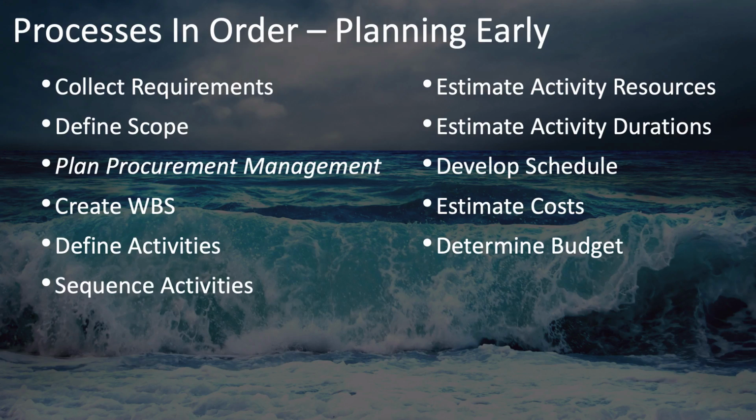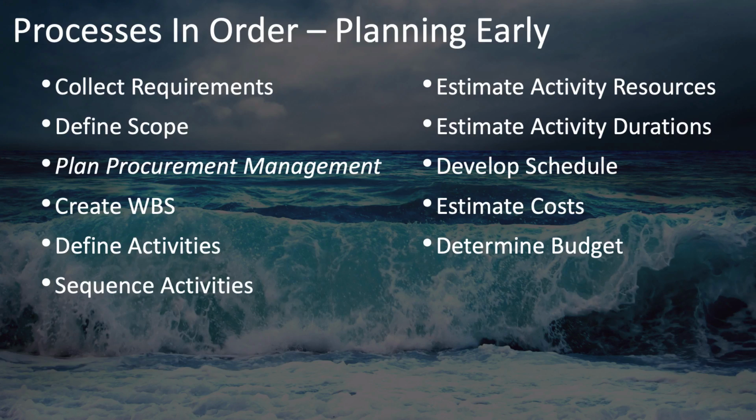Then the soonest you could do your procurement management planning would be once you've defined the scope. Then you can create the WBS. Define your activities, sequence your activities, estimate activity resources, estimate activity durations, develop schedule, estimate costs, and determine budget.